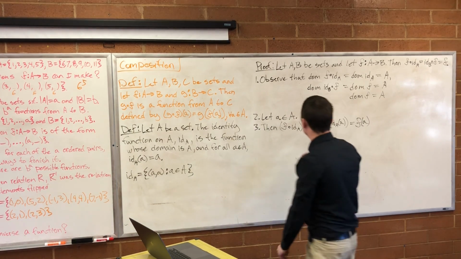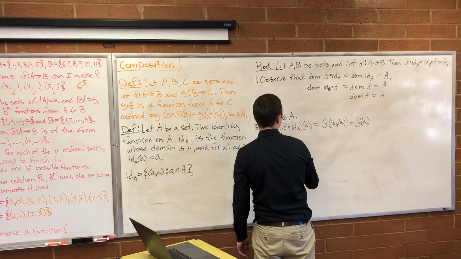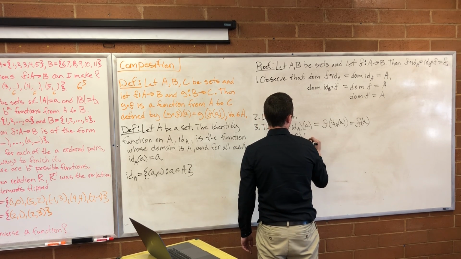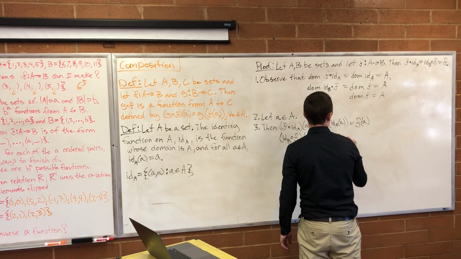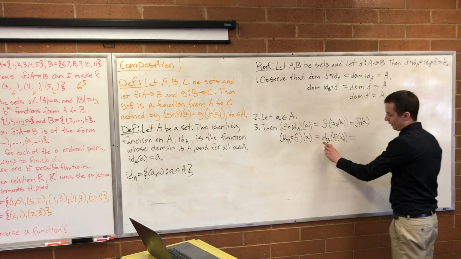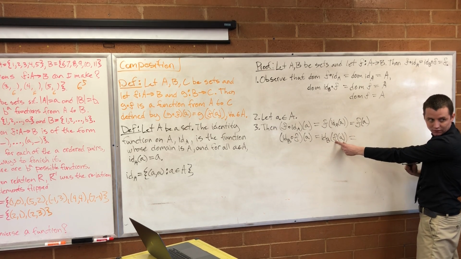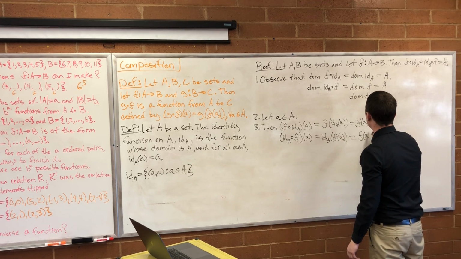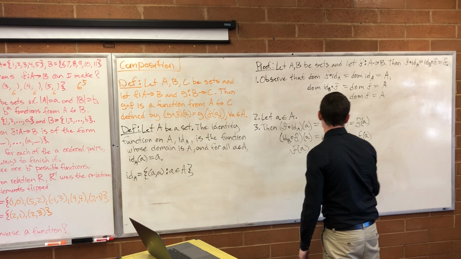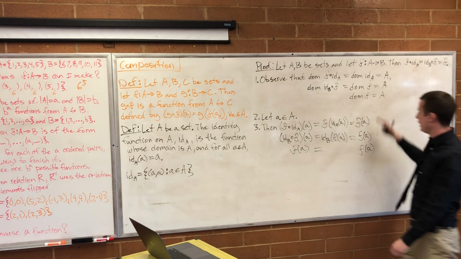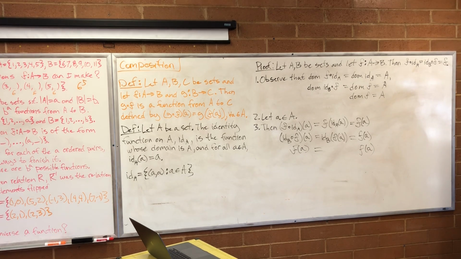And we also have the identity on B composed with F of a is equal to the identity on B of F of a, which is equal to, what's the identity on B of anything? It's just that thing, F of a. And then we also have F of a is equal to F of a. So they all map it the same way. Therefore, they're all equal. I don't bother plugging in all the words. I think you get the picture there.